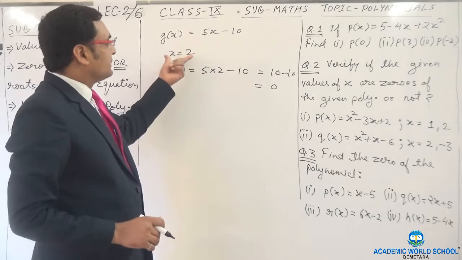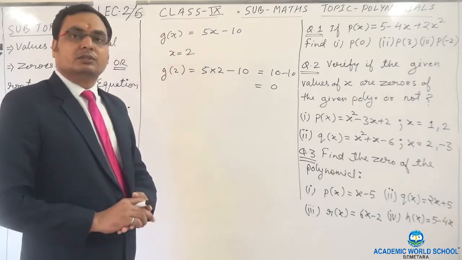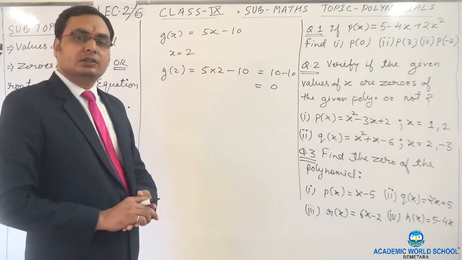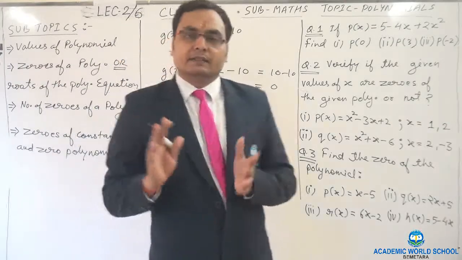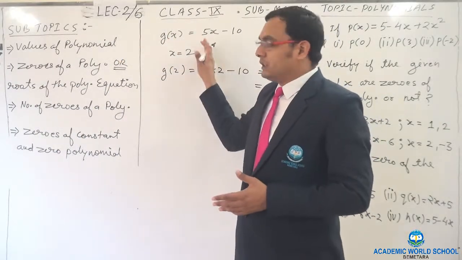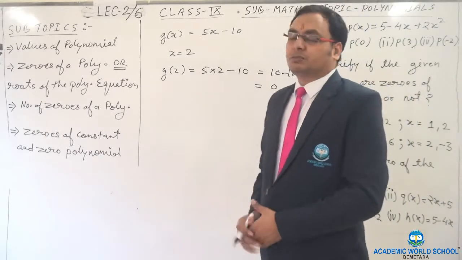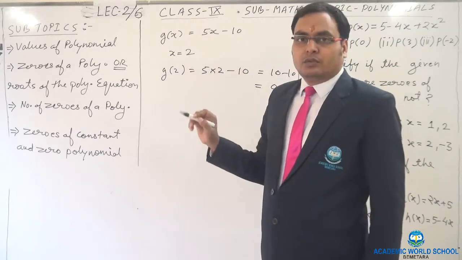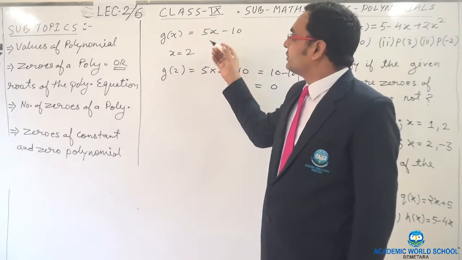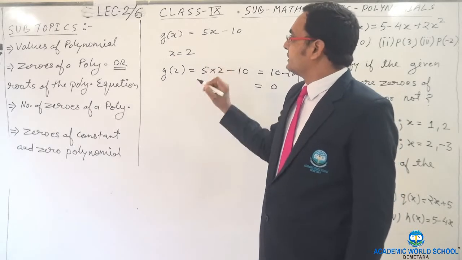This value of the variable for which the value of polynomial becomes equal to 0 is known as zero of this polynomial. We know there are infinite values of this polynomial, but every value is not the zero of this polynomial, but only x is equal to 2 for which the value of this polynomial becomes equal to 0 is known as zero of this polynomial.